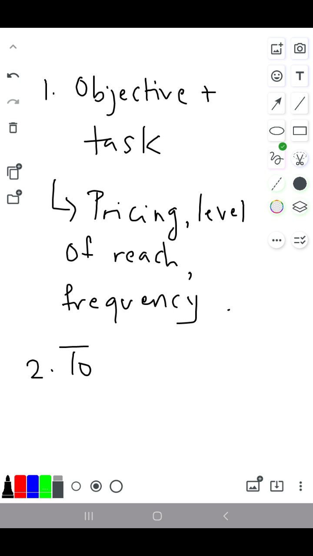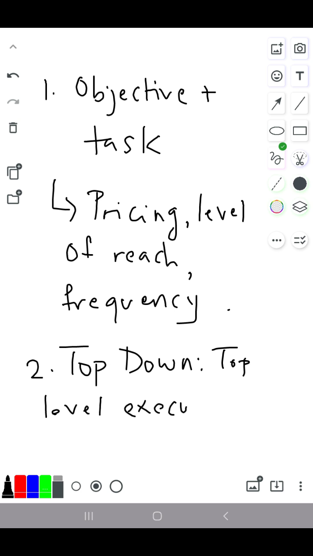So you're basically taking orders from the top level executives when it comes to making a budget for your integrated marketing channel approach, your IMC approach for marketing.